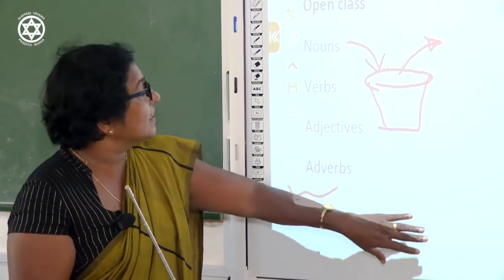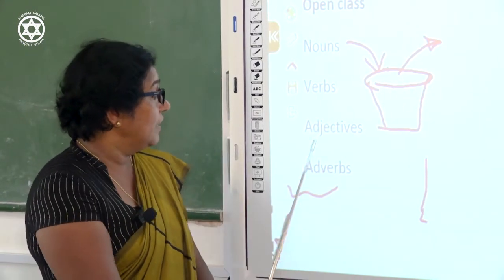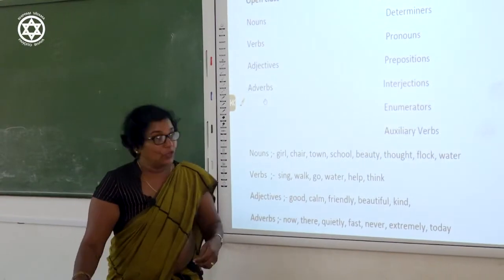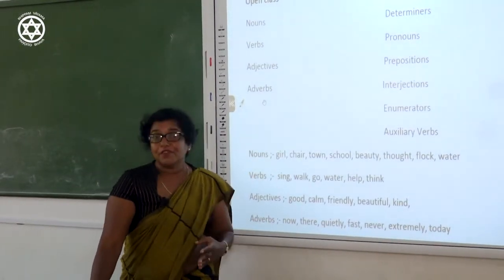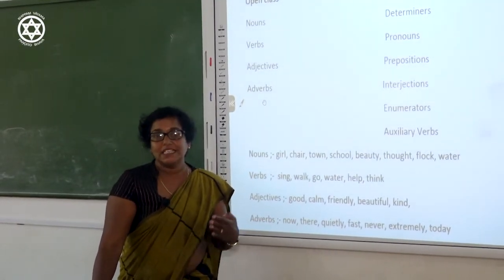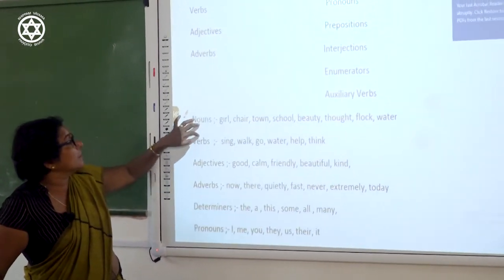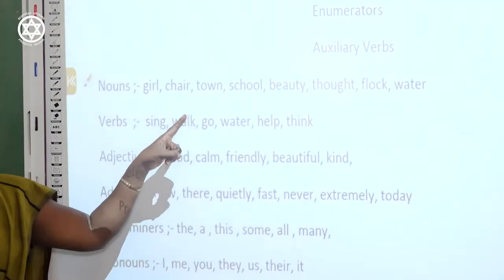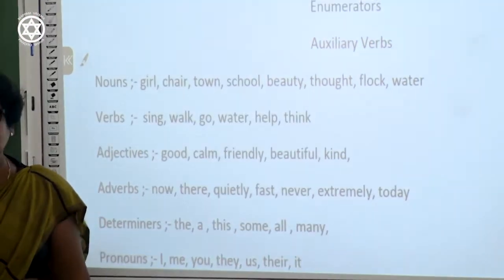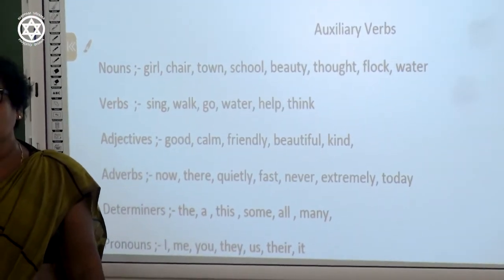Right. Now let us look at adverbs in detail. First I will describe some of the words that belong to these different categories. Okay, nouns. There are different kinds of nouns: girl, chair, town, school, beauty, flock, water.